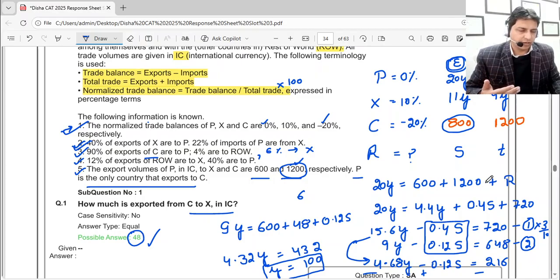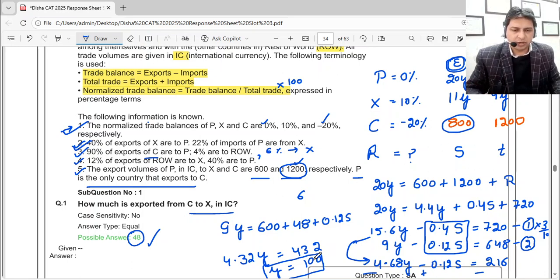When we used it, we got the equation, this import is coming from P, X, C and R, so we wrote their values from the data. And then another thing which we had in the data, the imports coming to X are total 9Y and they were coming from P, C and R. So we took that also, and then we multiplied the first equation by 3 and sorted it out. It's basically a linear equation in 2 variables that we used.